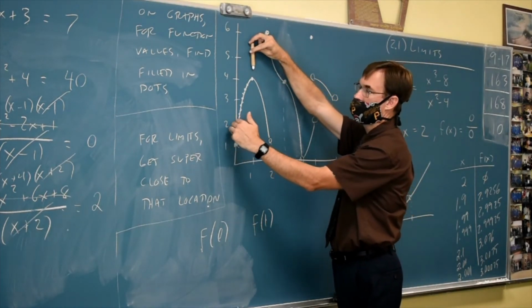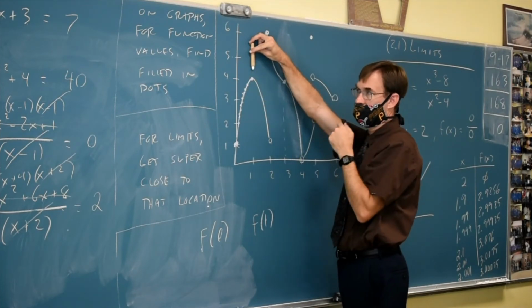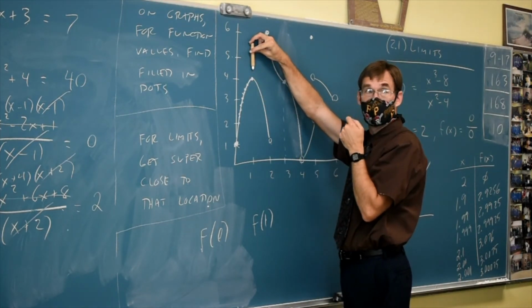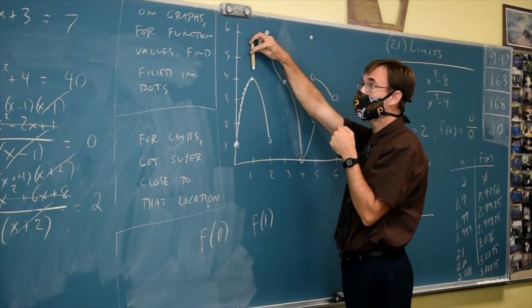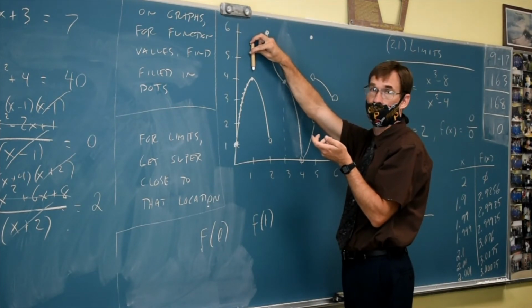We're the spider walking in until we line up with the chalk. How high do we feel like we are? 4. Okay, that's in agreement with what we did a second ago when we got to 4. Sometimes these answers agree, sometimes they don't.